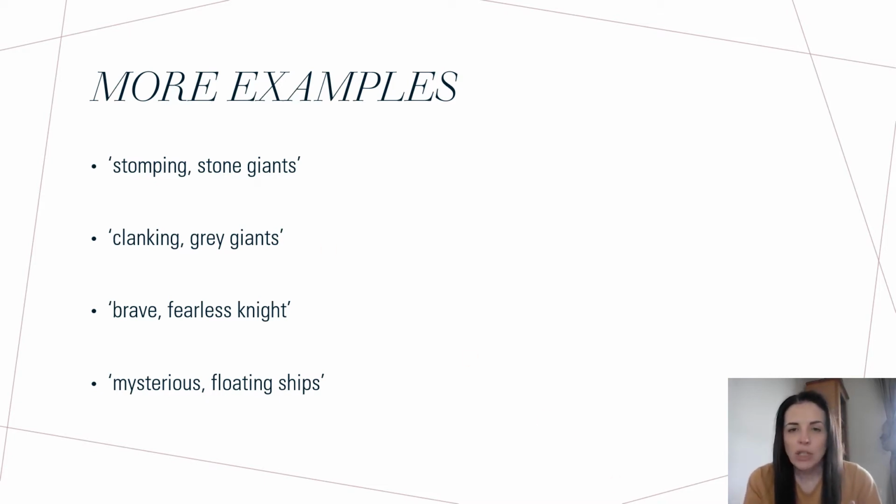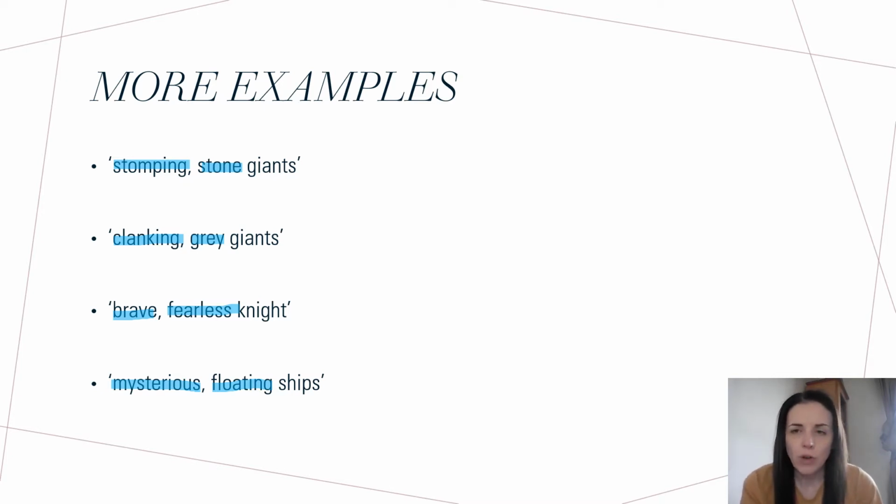And what we were just focusing on, I'm just going to try to highlight this for you, is stomping and stone were our describing words, and in here clanking and grey, brave and fearless, mysterious and floating. They were the describing words that came before the thing, before the noun, and that's what's needed for an expanded noun phrase.